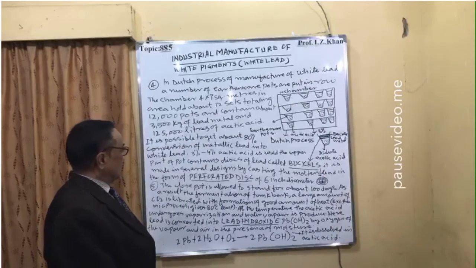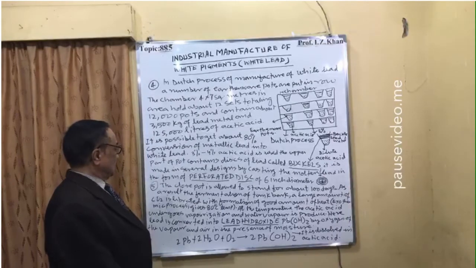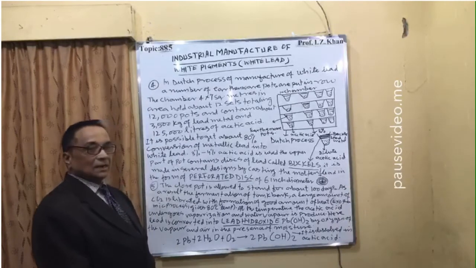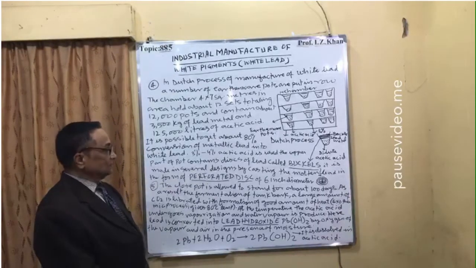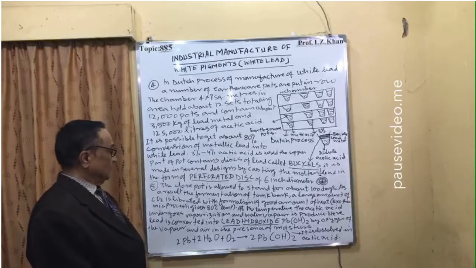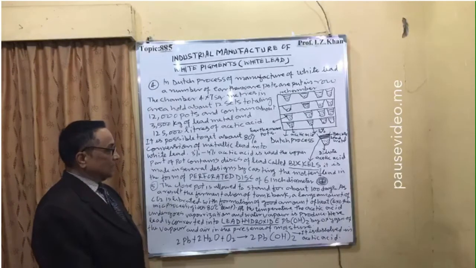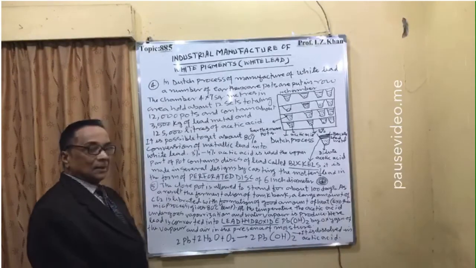Number 5, the closed pot is allowed to stand for about 100 days, more than 3 months, and as a result the fermentation of the tan bark works, and a large amount of carbon dioxide is released.